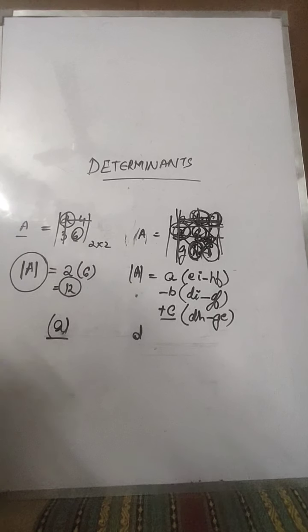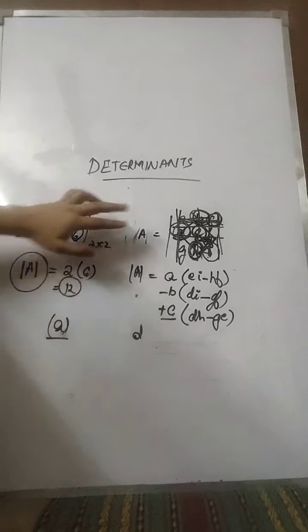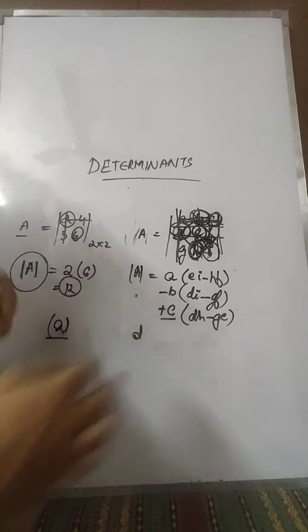So that is a major property: if you are interchanging any two rows, one negative sign will be multiplied, and if you do it again, again one negative sign will be multiplied.